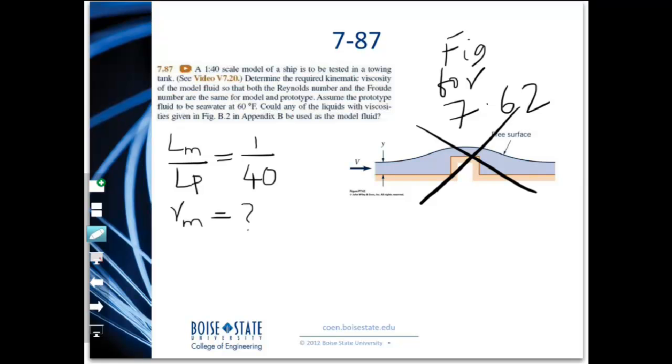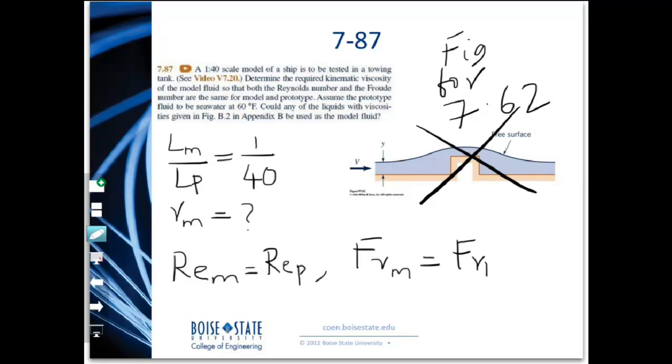What we are asked to find is based on Reynolds number similarity. In this case, as you remember, Dr. Senechek told you in class that when you have length scales like this, you generally represent it Re subscript L. In this case, to avoid confusion, because we have to deal with model and prototype, we are not using that convention.